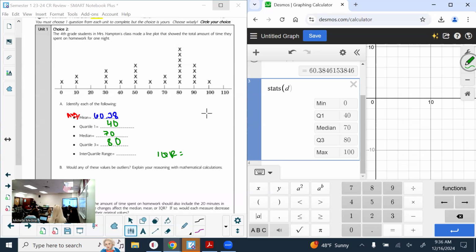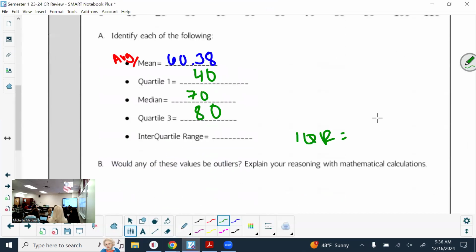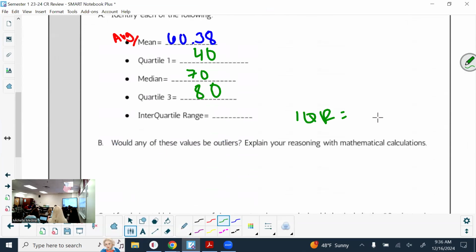Or do you guys know how to find regular range? So we did do that.